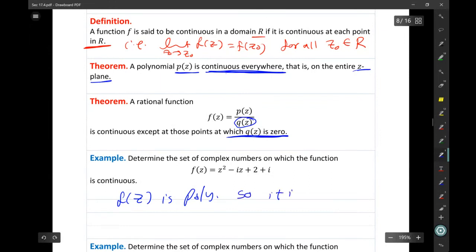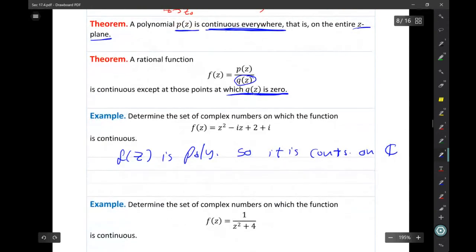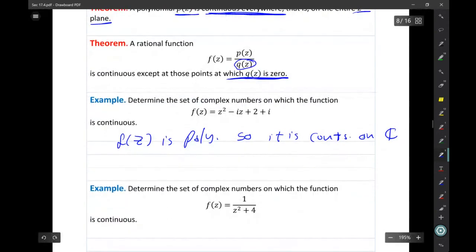So it is continuous on the entire set of complex numbers.